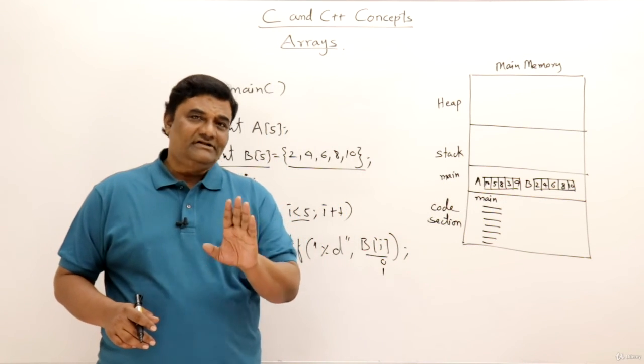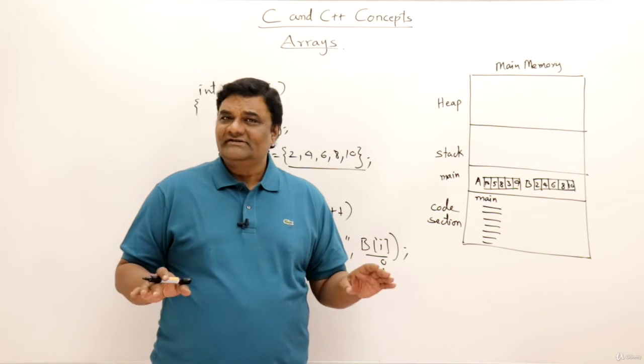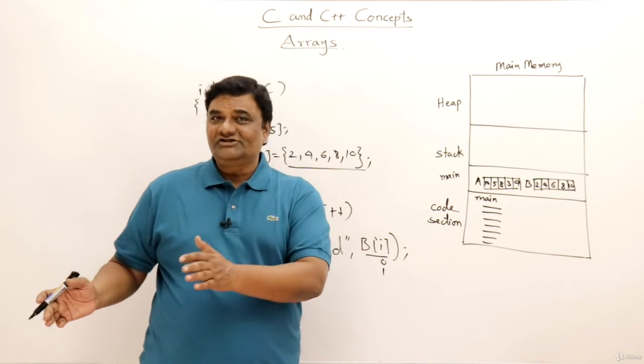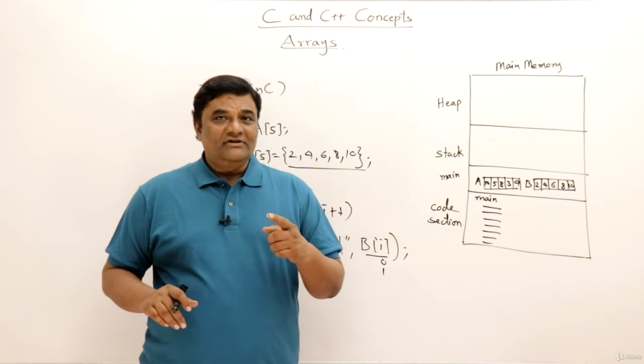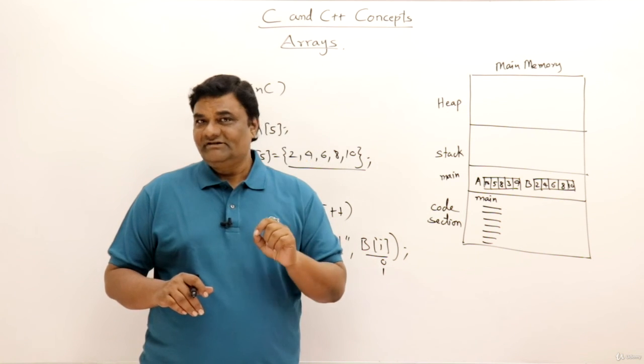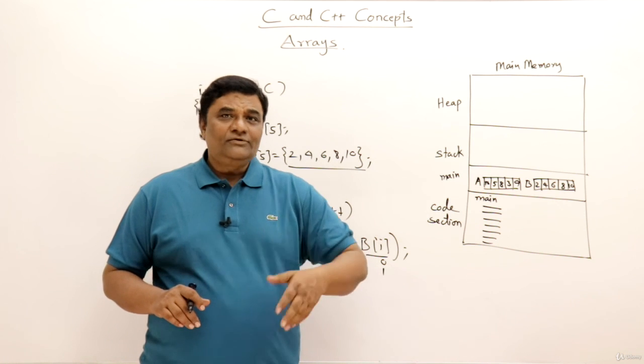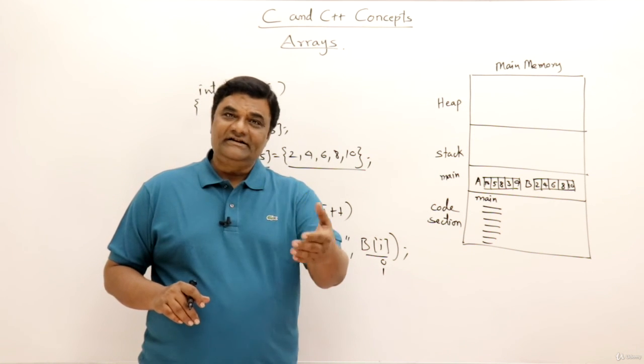This is sufficient for now because there is a big section called arrays, where you will learn everything about arrays. As a revision, I have discussed this much. We have to learn about other topics. Let us continue in other videos.